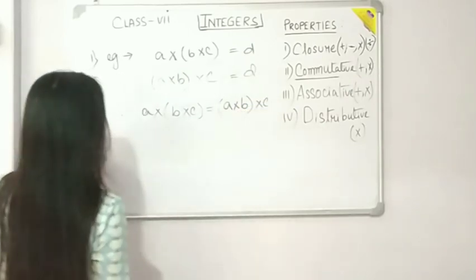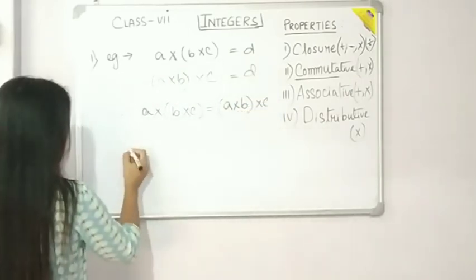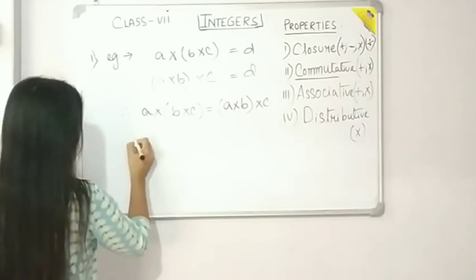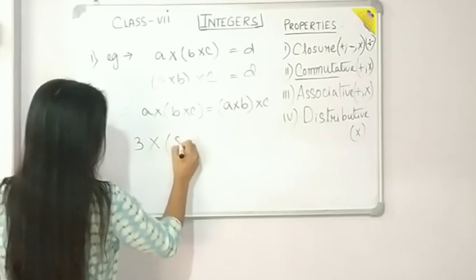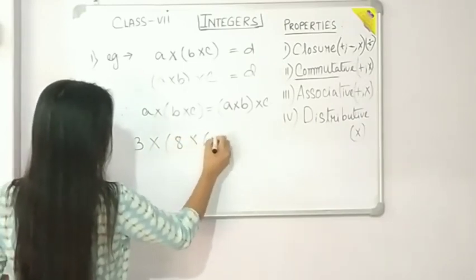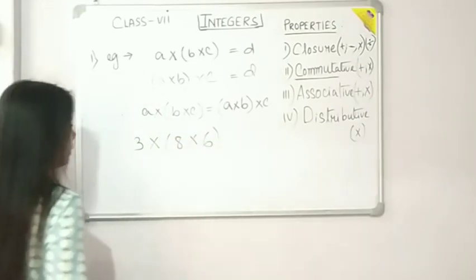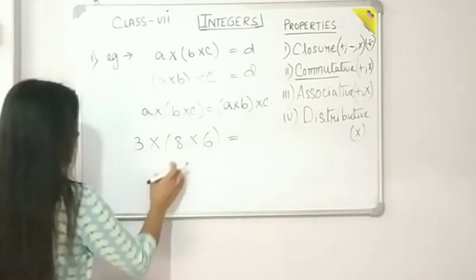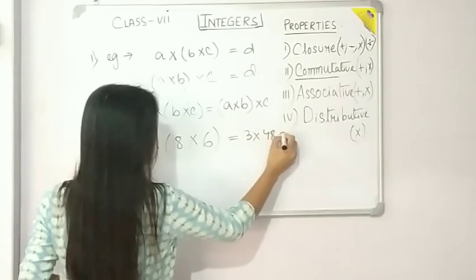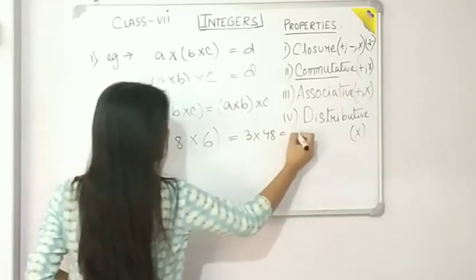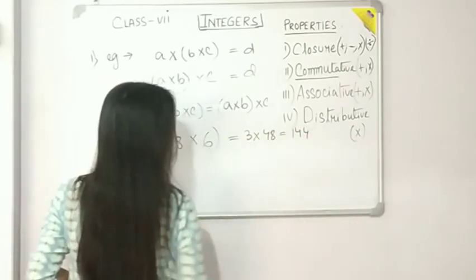Now let us see this example with some numbers. So let us take the numbers 3 into 8 into 6. Alright. So what will you get? 8 sixes are 48, which will give you how much? 144.